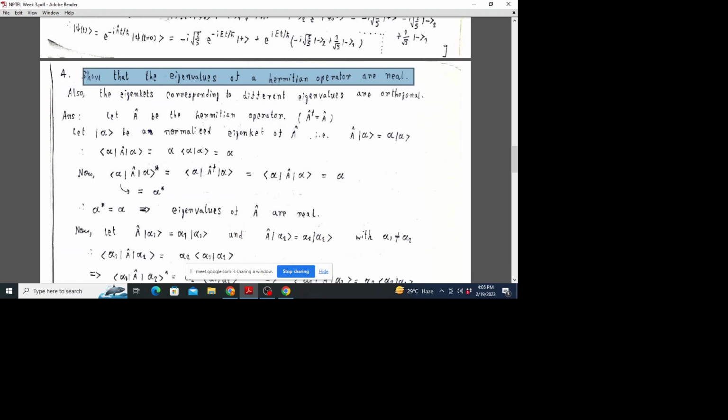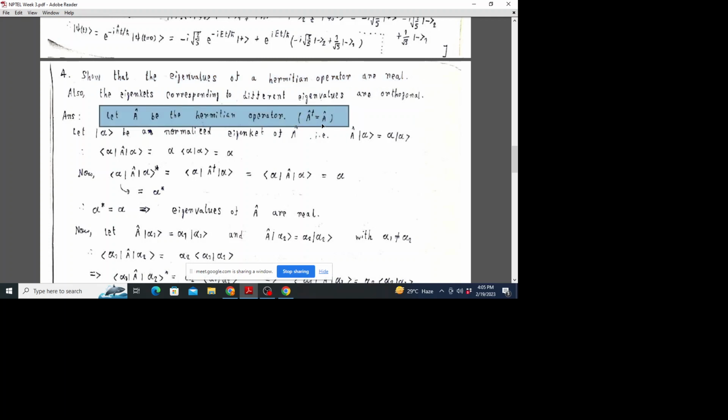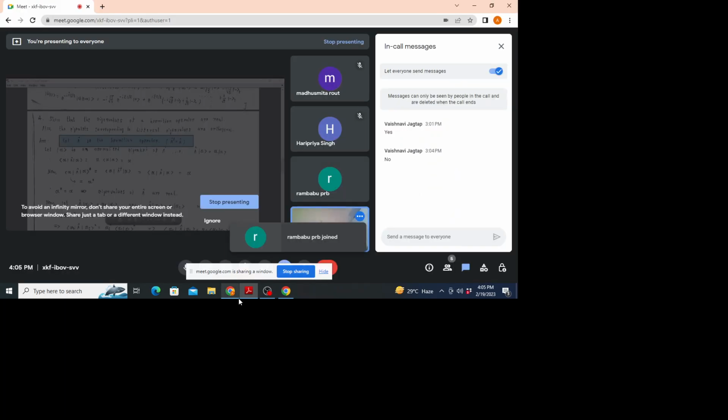So let us first show that the eigenvalues of a Hermitian operator are real. This is easy to do. Let A be a Hermitian operator, which means this. Let |alpha> be a normalized eigenket of this Hermitian operator that satisfies this eigenvector-eigenvalue relation.